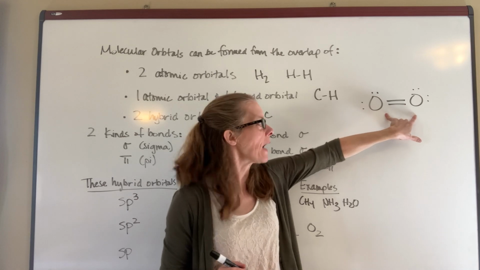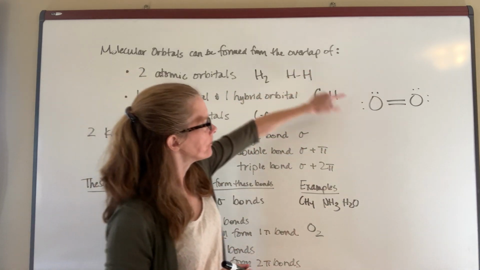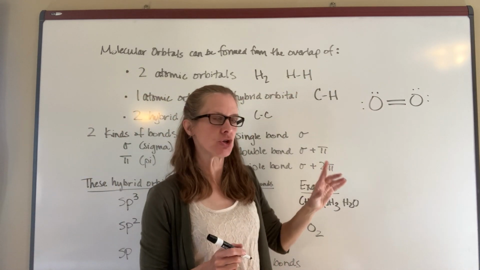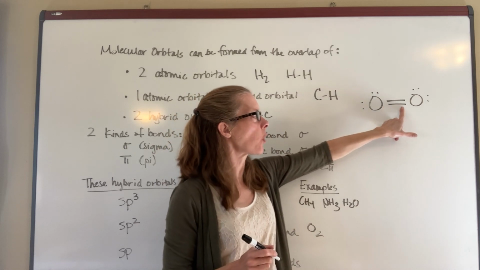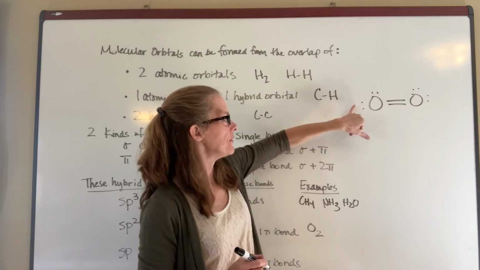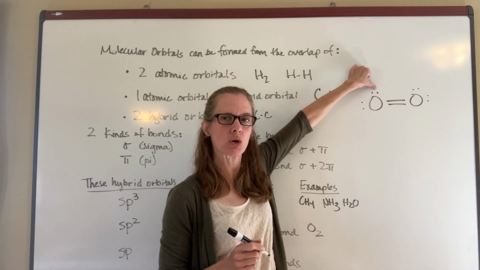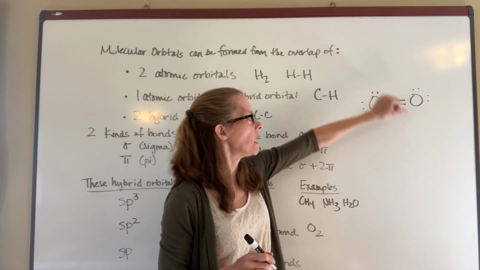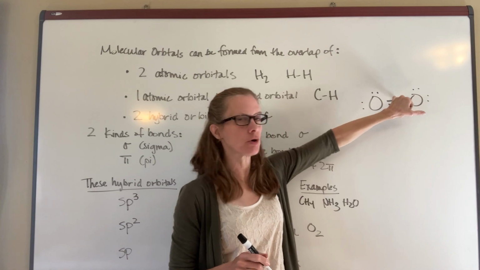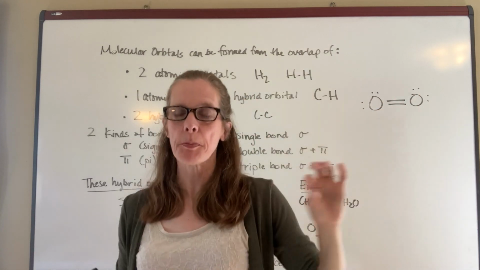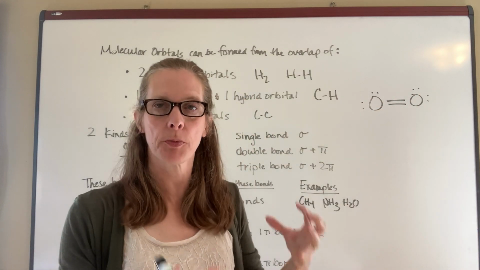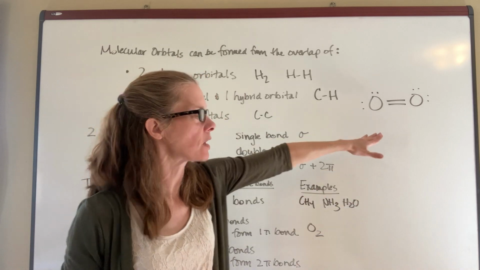But what's actually happened here? Well, the sp2 hybridization is responsible for 1 of these bonds, and then this lone electron pair and this lone electron pair are each in 1 of the other 2 hybridized orbitals. But the fact that it's got this other bond up here means that that has to be a pi bond, and it's the p orbitals that are overlapping to make that double bond.